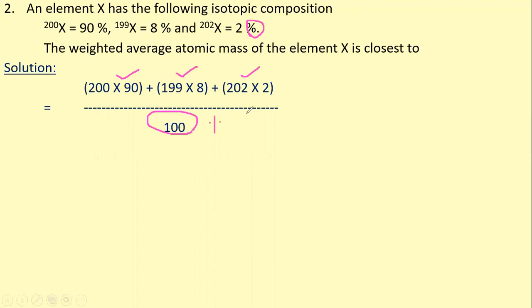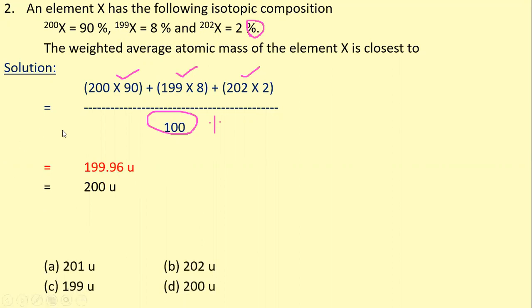So next, we have to simplify this answer. Once we simplify, we get the answer as 199.96 unit or AMU. So approximately we have to check with the options. Here the digit after the decimal, when it is 5 or more than 5, then we have to round it up by 1. Here in 199.96 the number exceeds 5.